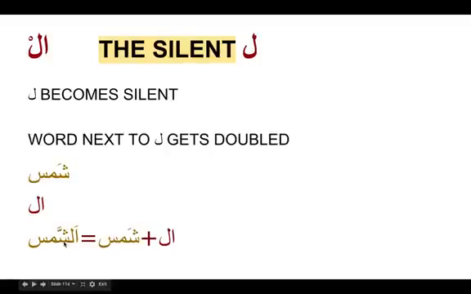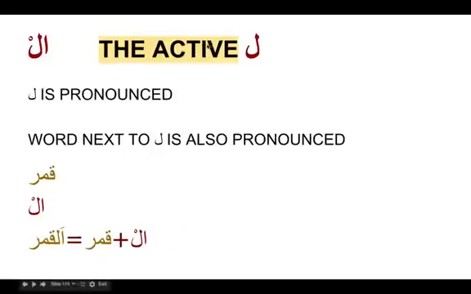It's a compensation. And there are certain letters that have an active L. Okay. So here the sound of lam is pronounced. For example, we have qamar, and we got this definite article al. Qamar means moon. So when you get al plus qamar, it becomes al qamar.